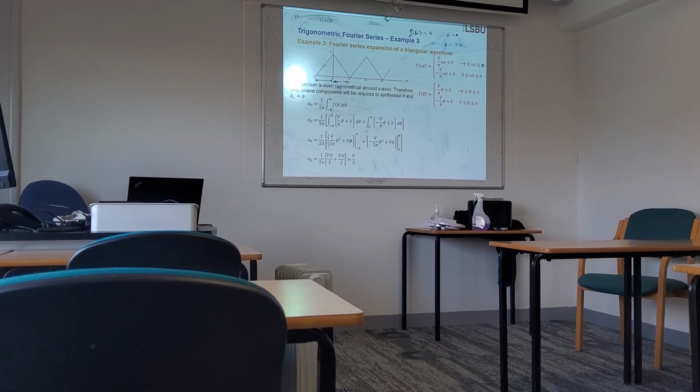So y2 will be v minus 0, and x2 is 0, and x1 is minus pi. It will be minus. So you will see this is right. Now we have found the slope.